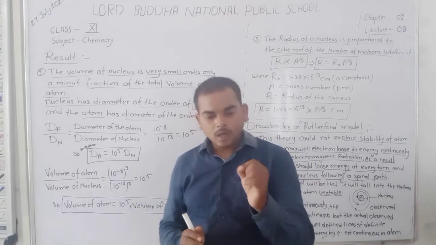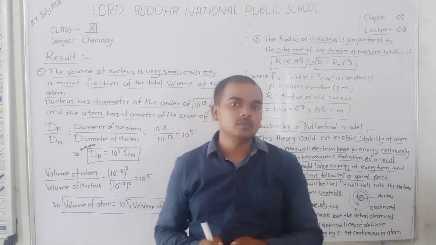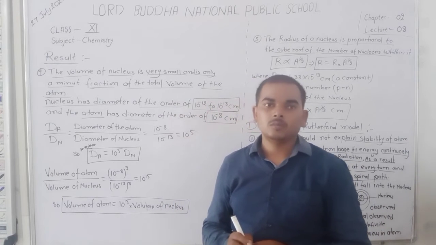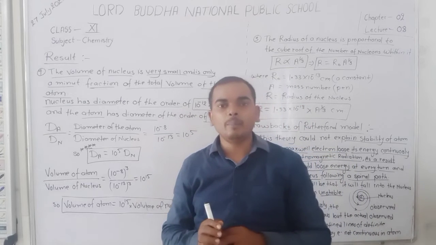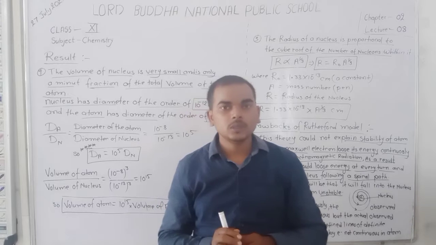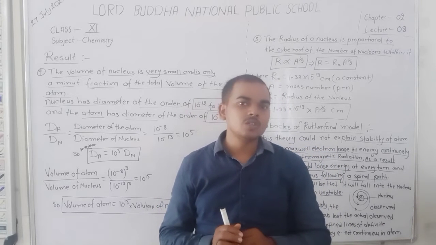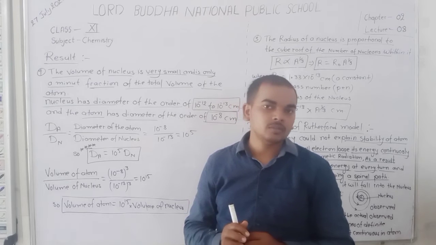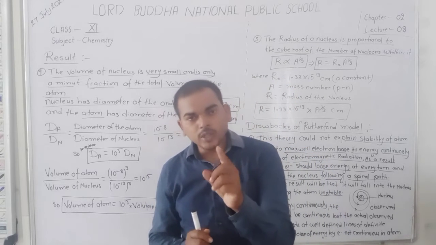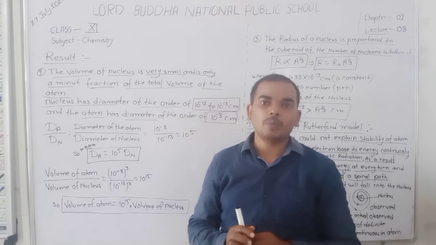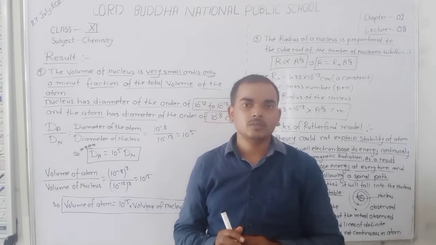But in the planetary model, the sun is at the center and around the sun, planets revolve. The planet which revolves around the sun is not a charged particle, but around the nucleus in atoms, the particles that revolve, that is the electron, are charged particles.